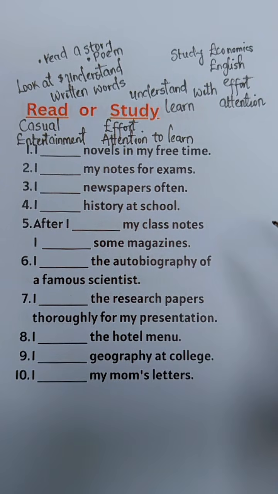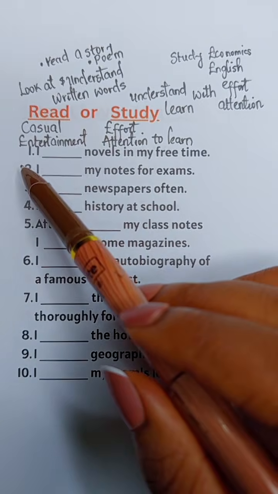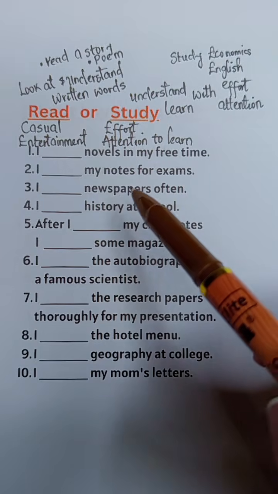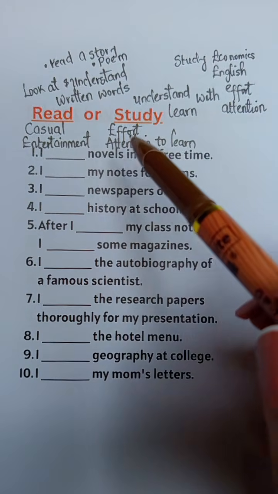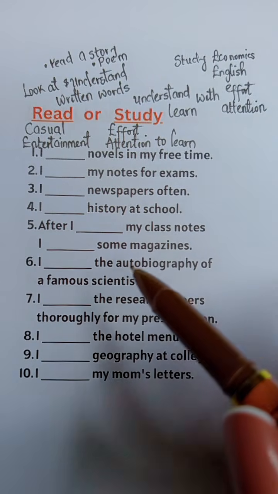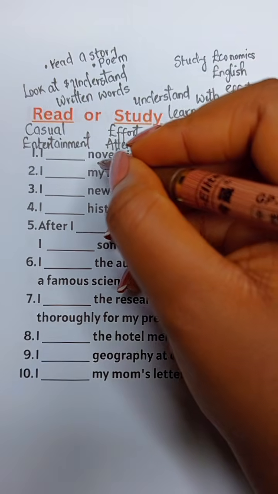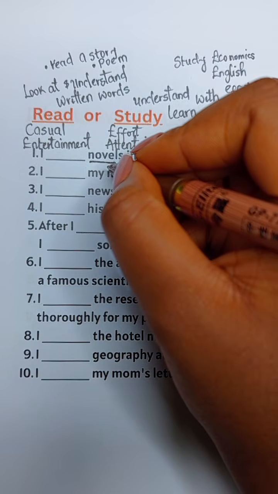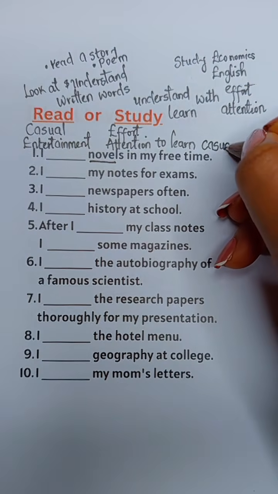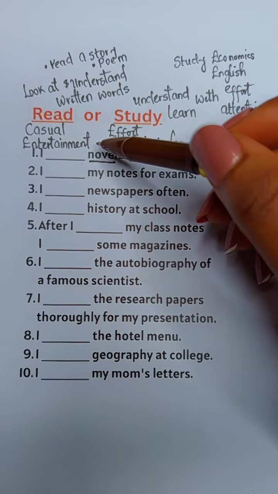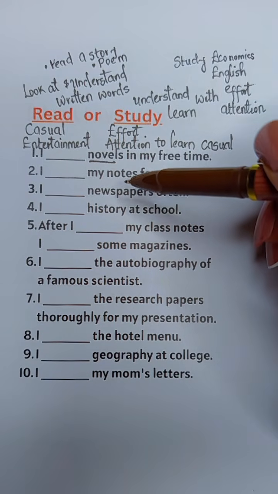Let's answer these questions. Number one, I blank novels in my free time. I read novels or study novels. What do you think is the correct answer? The object with the written words is novels. Novels are casual writing, usually meant for entertainment or leisure.